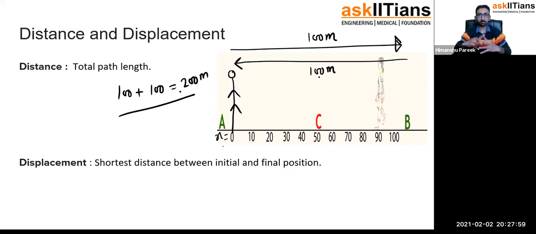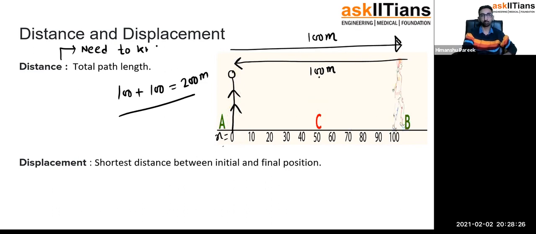Basically the actual length which you have to cover, that is distance, the total path length, when you start from A, then C, B, then you come back to A. It's very simple. So to calculate distance, you need to know the actual path which you have taken.